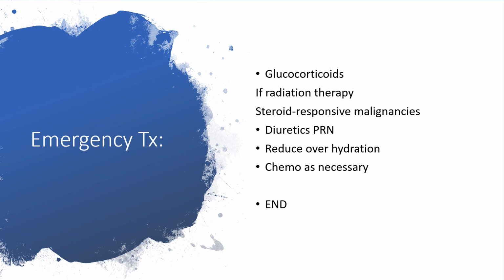That is why we're going to have physical examination done and also auscultate the base of the lungs to know whether we're dealing with pulmonary edema or not. Chemotherapy is welcome as necessary, and of course, timely intervention after accurate diagnosis of superior vena cava syndrome will help a lot.